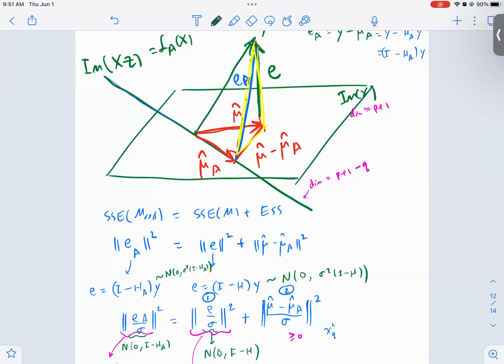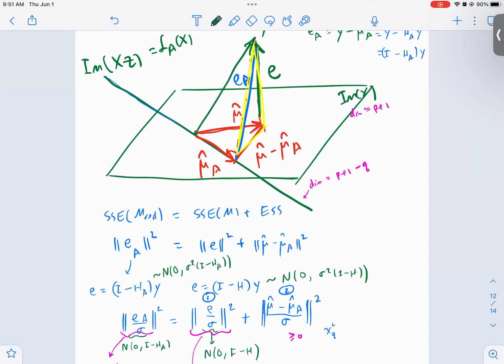And so if you divide these by sigma squared, you know that E is normal. That's the conclusion I mentioned in the previous slide. So normal, which means 0, variance sigma squared (I minus H_A).